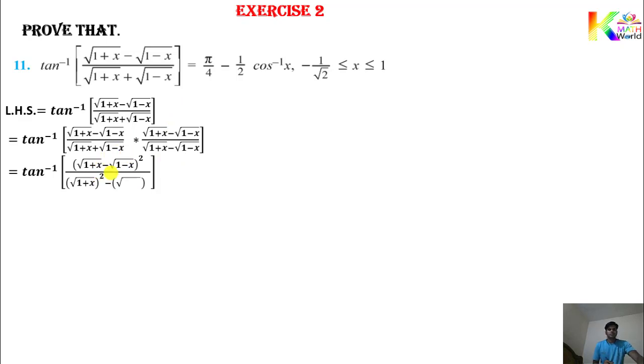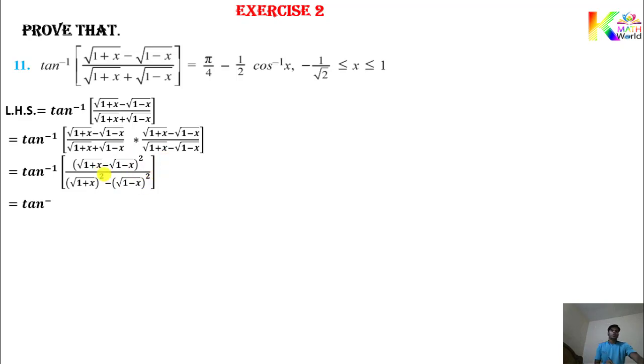Now expanding this, just write the expansion in the numerator. This is a minus b whole square, so the expansion is a square minus 2ab plus b square. In the same way here, square and root cancel out. Whatever is left, we will write in the next step.